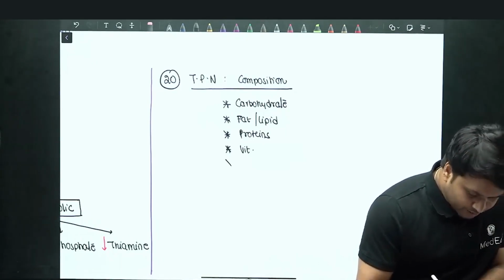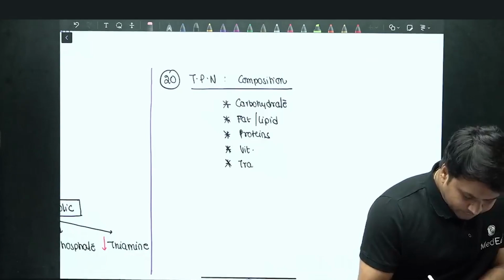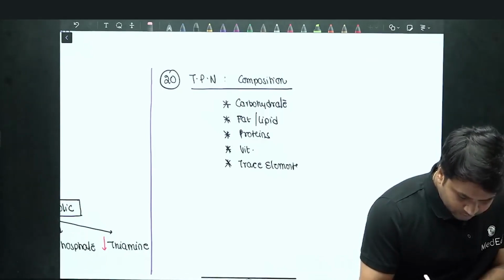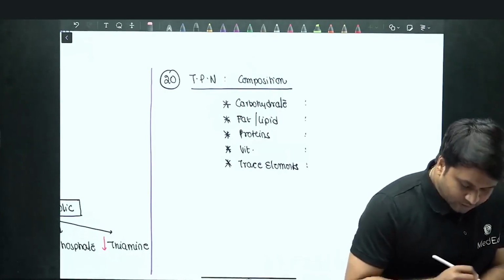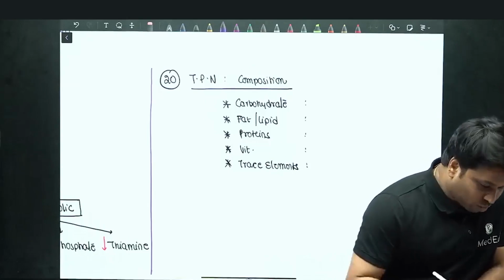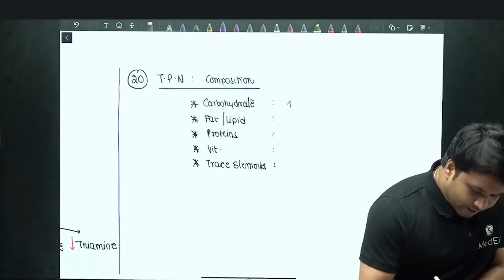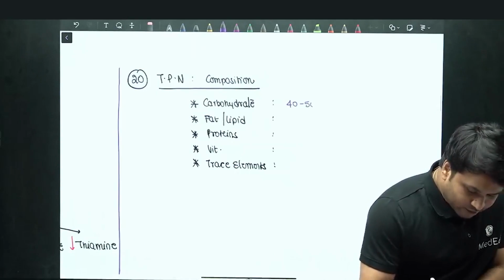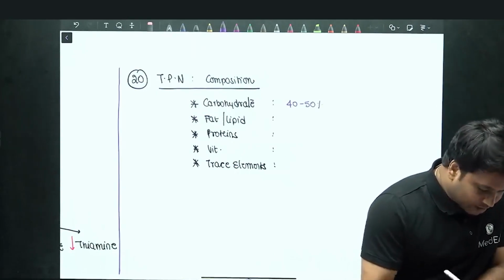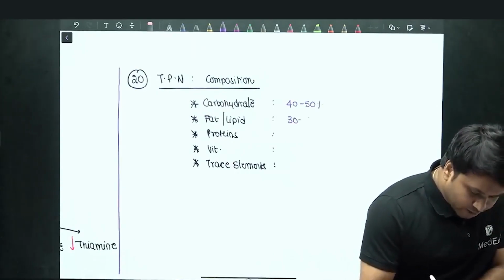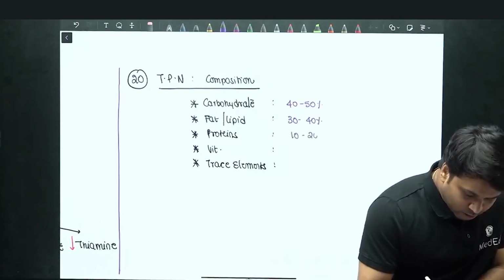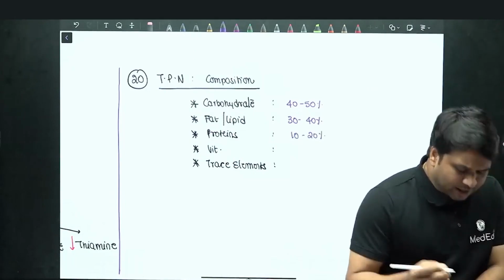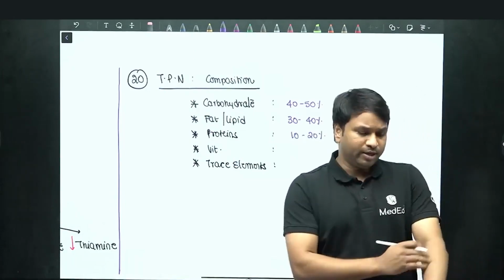And you have trace elements. Carbohydrate by quantity will be 40 to 50%. Lipids, or fat, are going to be 30 to 40%. Proteins are going to be 10 to 20%, and vitamins and trace elements are negligible.